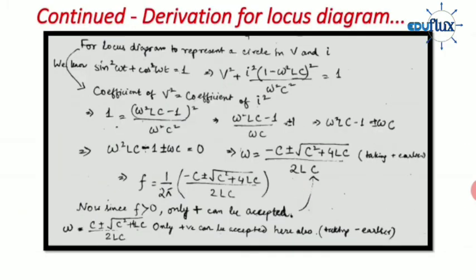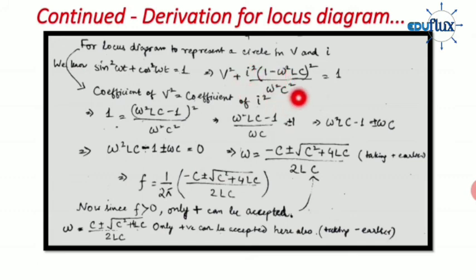Now let us analyze the locus diagram equation a bit more to gain a few more insights into the problem. The locus diagram equation is this one. Now it is known from the basic knowledge of coordinate geometry that this second order equation will represent a circle only for the conditions we derived here, that is for two values of f or omega.